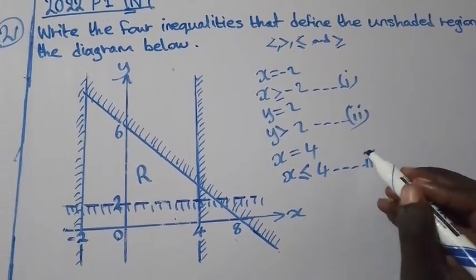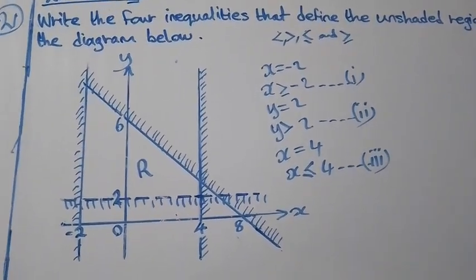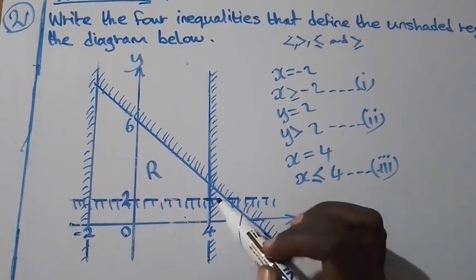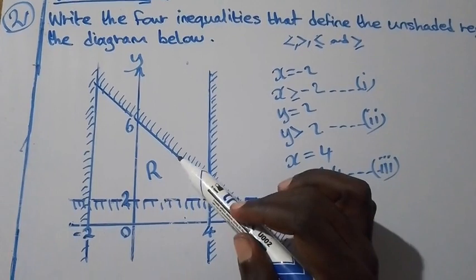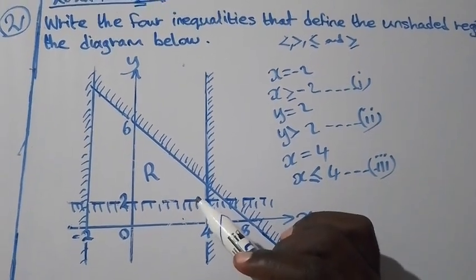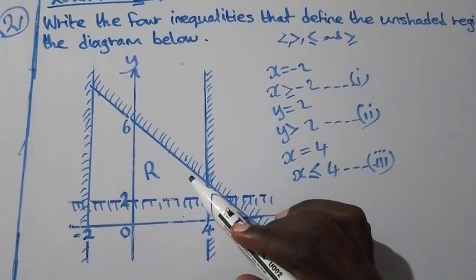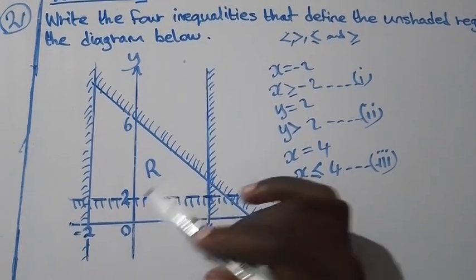That is the third inequality. We are done with all the inequalities that are direct, but we are remaining with this one. It requires us to pick the coordinates that will help us to come up with the equation.